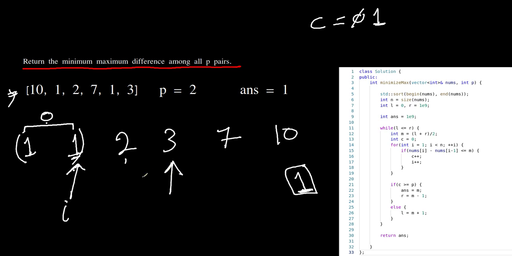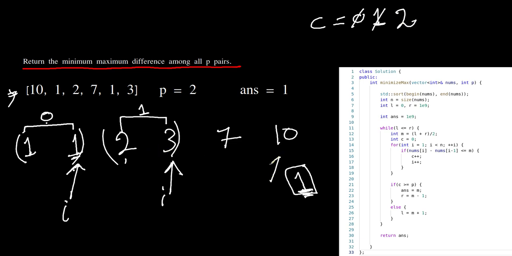I comes here. Now 3 and 2, the difference is 1. 1 is less than or equal to 1, and so this is also a valid pair, and we increase the counter by 1.